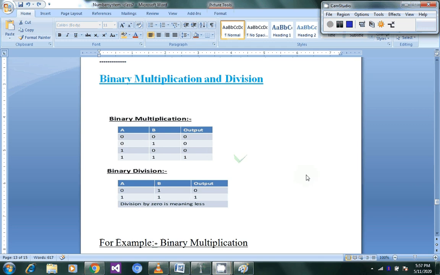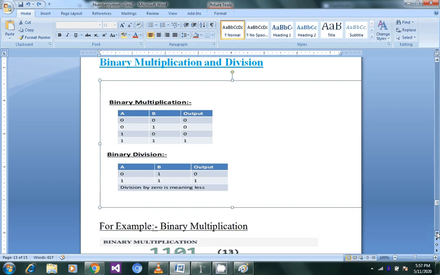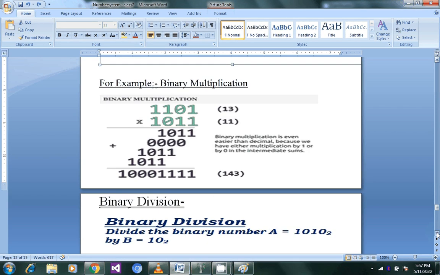So all of you see this example of binary multiplication. Here you see 1101, which is the binary conversion of the decimal number 13, and 1011, which is the binary conversion of the decimal number 11.